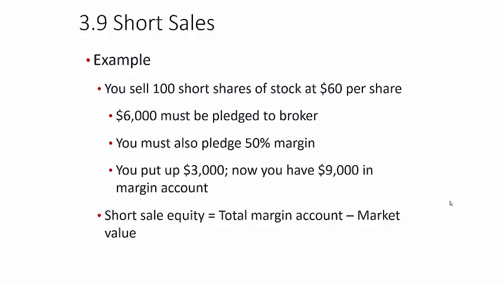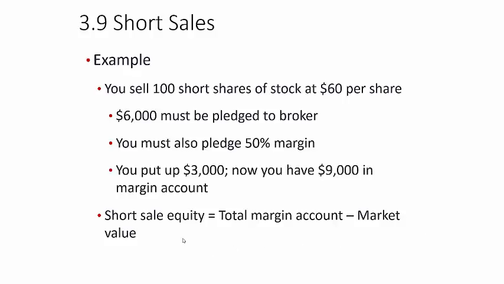Now you have $9,000 in the margin account. So $6,000 must be pledged to the broker, because the broker is the one facilitating this transaction, remember. Okay? So that $6,000 came from the $60 a share at 100 shares. You have to put up the initial margin requirement, that 50%. So you put up $3,000, 50% of $6,000. There's a total of $9,000 in your account.